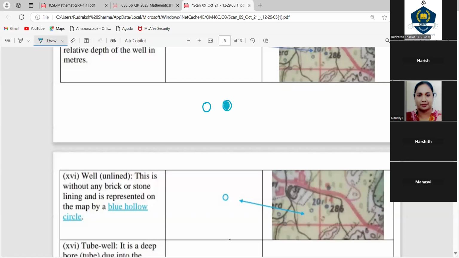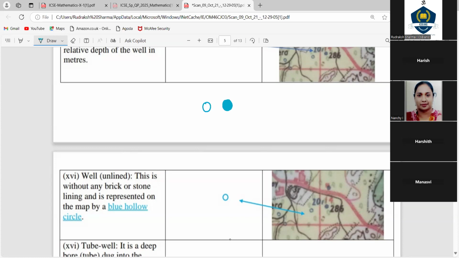Okay. So a lined well is basically a solid blue circle whenever it's perennial, and this one is hollow because it's unlined. Now what's the difference between lined and unlined? The main difference is that a lined well is lined with the help of bricks, stones, cement and mud.